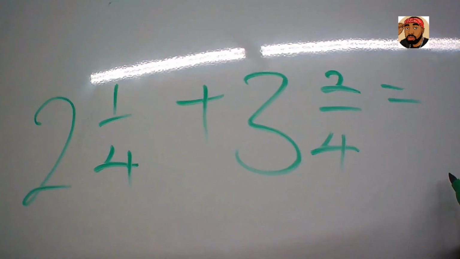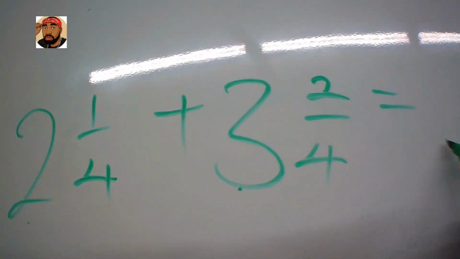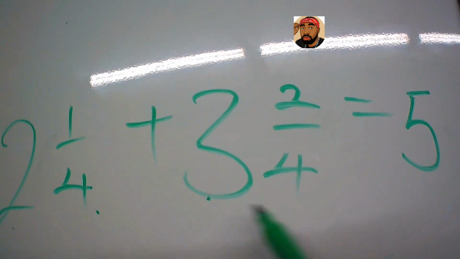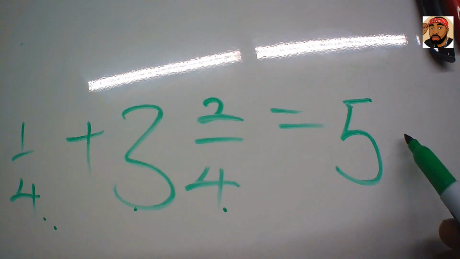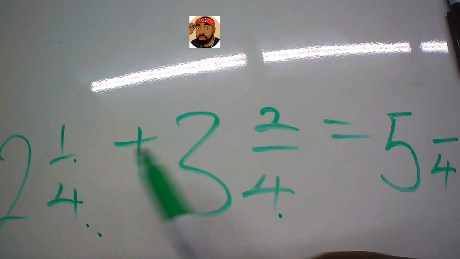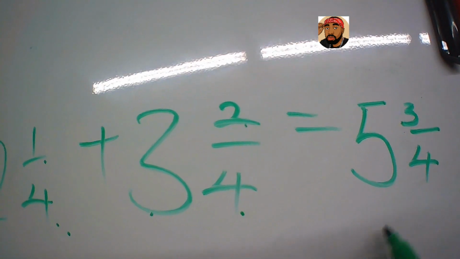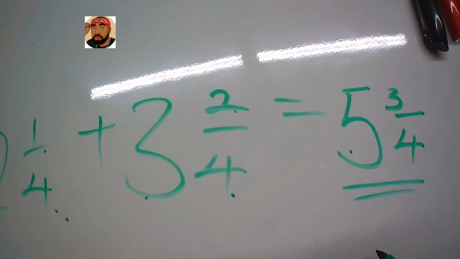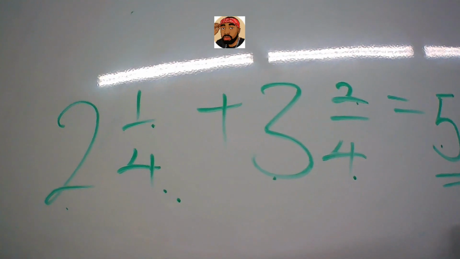We start with the whole numbers. 2 plus 3, we get whole number 5. The denominators here are the same. We do the same thing that we did. We put our 4 here. Then we say 1 plus 2, we get 3. Final answer, 5 wholes and 3 over 4. That is it, we are done there.